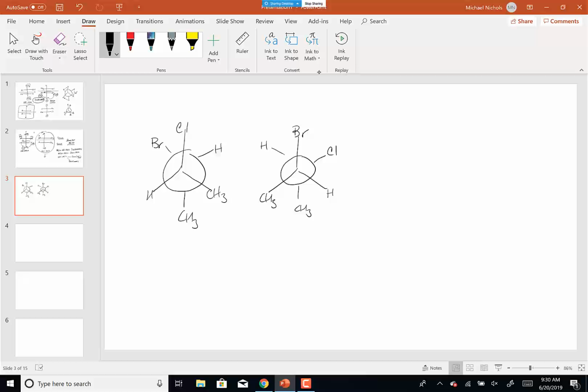My issue is I can't tell. I can't tell if the front carbon is the same or the opposite, because in the molecule on the left, the front carbon has the chlorine, and in the molecule on the right, the front carbon has the Br. Did you rotate the molecule around to make that comparison?